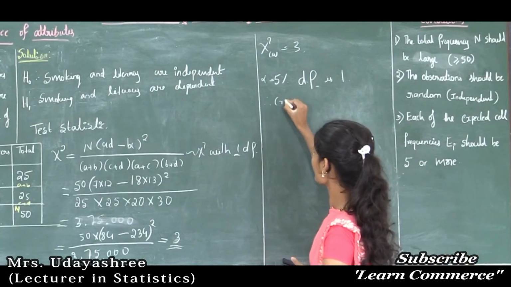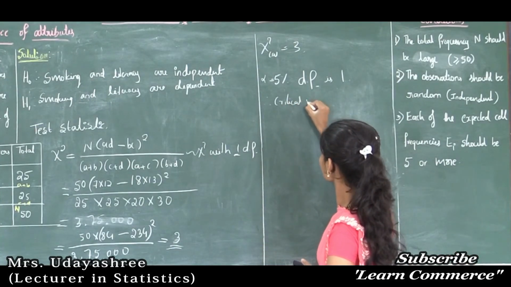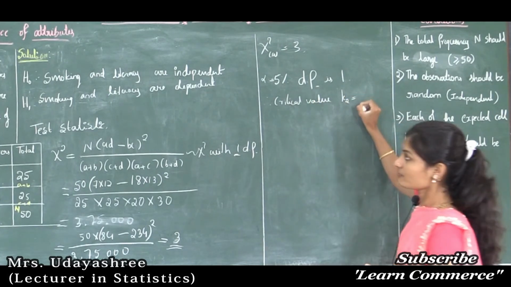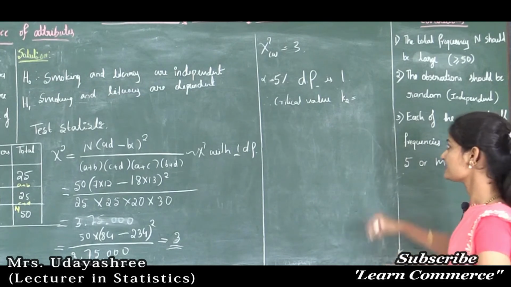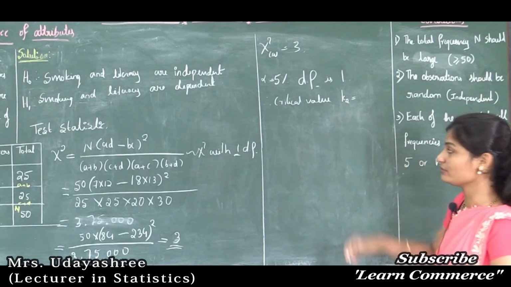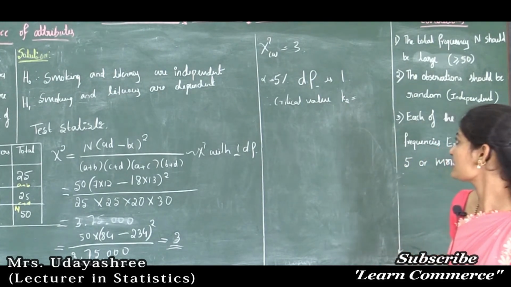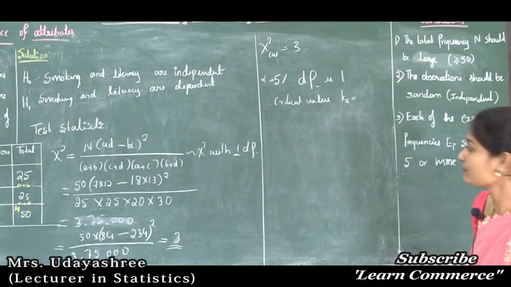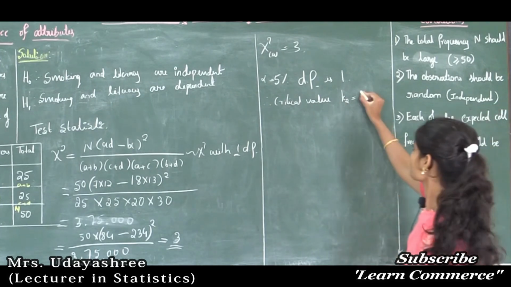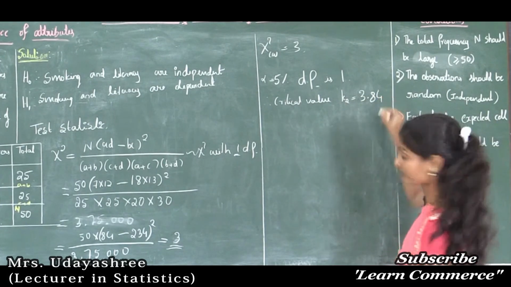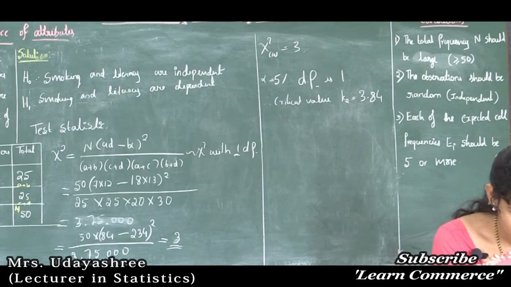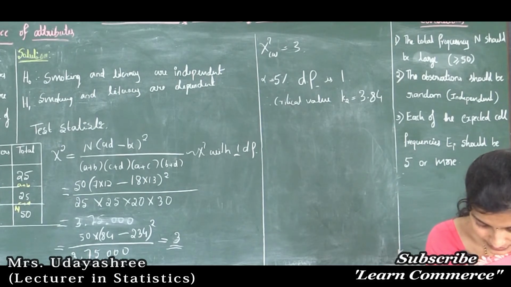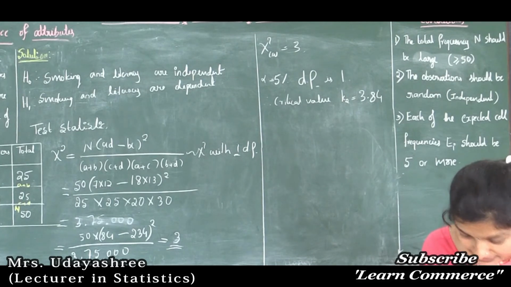Therefore, for the critical value, we need to find the chi-square table value, because this is an upper tail test. See here, alpha is 5% and degrees of freedom is 1. Therefore the chi-square table value is 3.84.